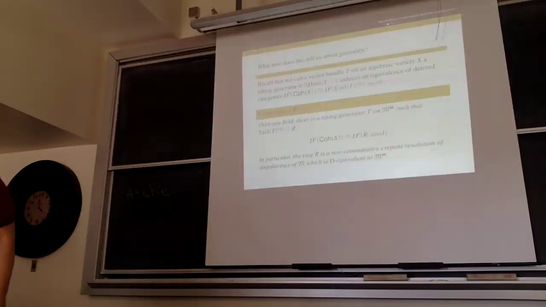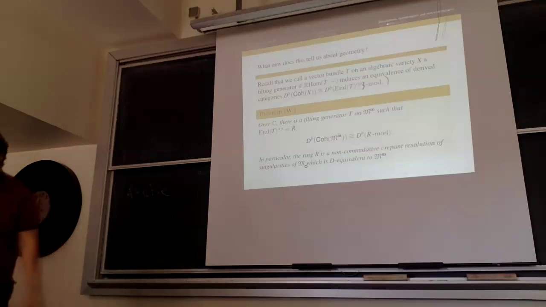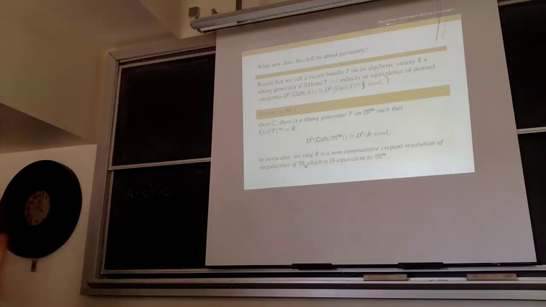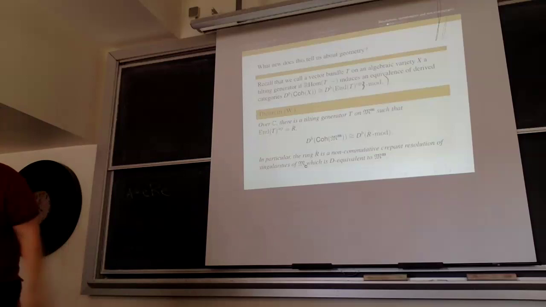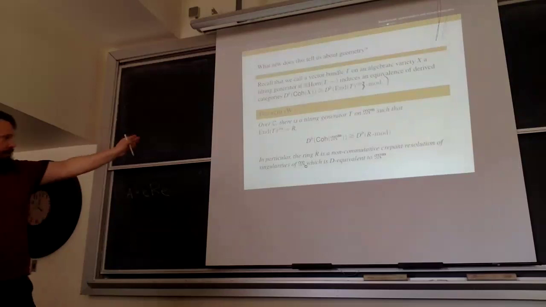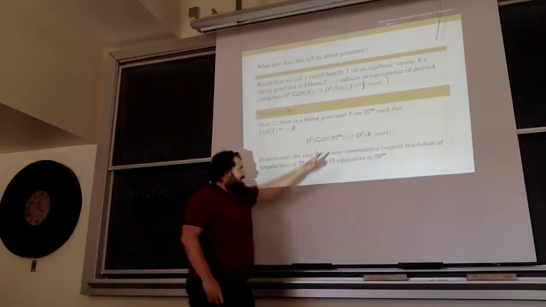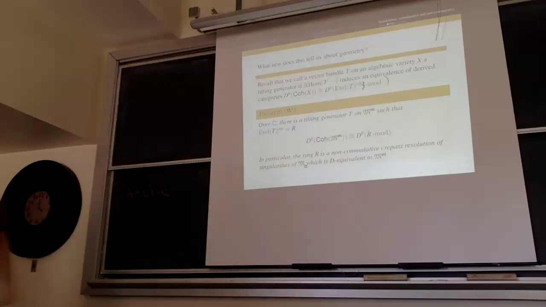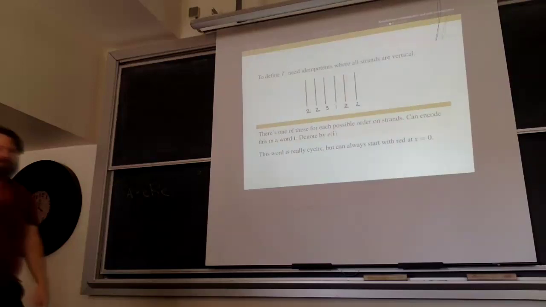You start taking one of the functors around, you're going to take O0 to O1, and then O1 is going to go to O2, and that O2 is not exactly... Well, let me finish the statement. And we'll come back to that example because I think it actually is important. Okay, so I was just saying there is a tilting generator on this guy, and its endomorphisms are this KLRW algebra. So how do we construct this guy?